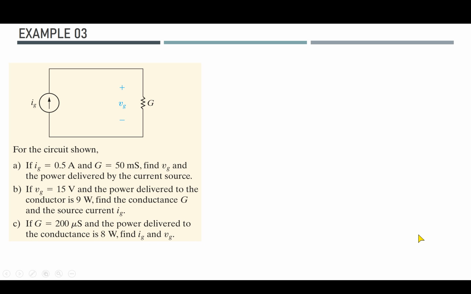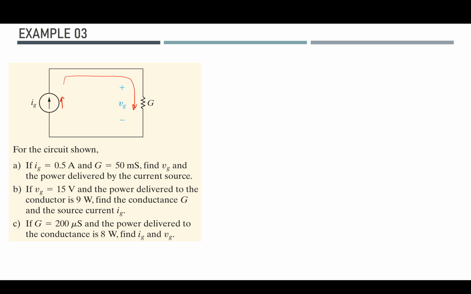Okay, let us remember, when we have an independent current source, we only know its current value, which is 0.5 amps. So for the solution of part A, this is the current value that I know, and this current is flowing towards my conductance, and there is some reference voltage given like this.